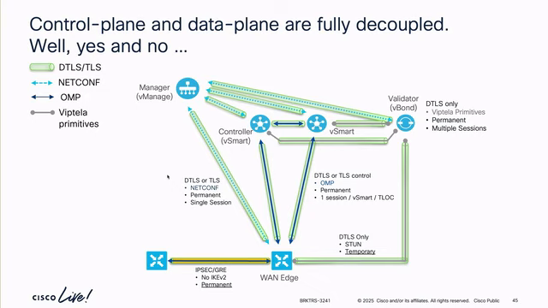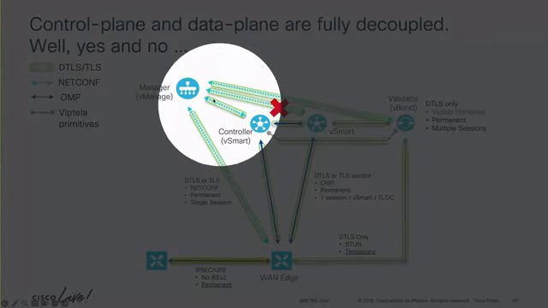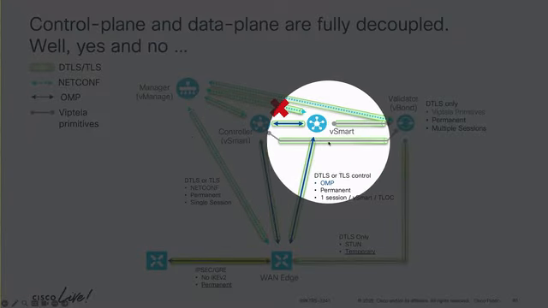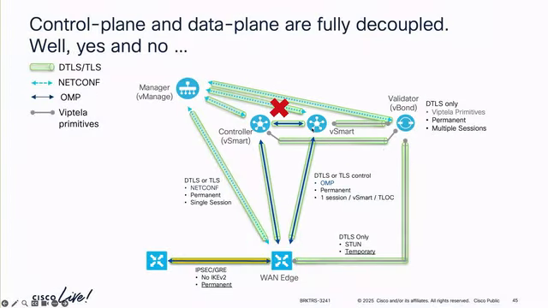But this really does not happen every time, and sometimes it can be really tricky. So let's say a control plane tunnel goes down between vManage and vSmart. Do you think we can create a corner case where that outage could be translated into a data plane outage?